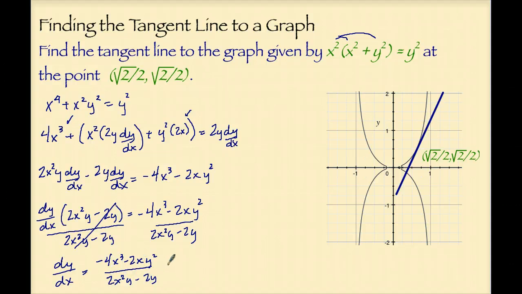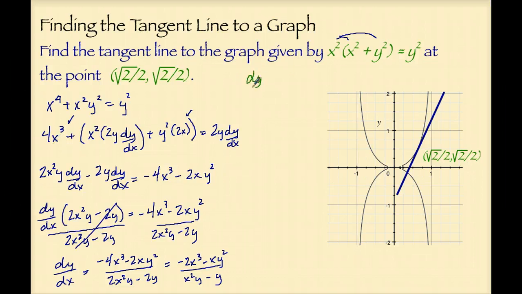Since all of these terms can be divided by 2, let's simplify this a bit. Negative 2x cubed minus xy squared over x squared y minus y. First derivative. Of course, this will find the slope at any point on this curve, but let's find the slope at the point we're given, square root of 2 over 2, comma, square root of 2 over 2.